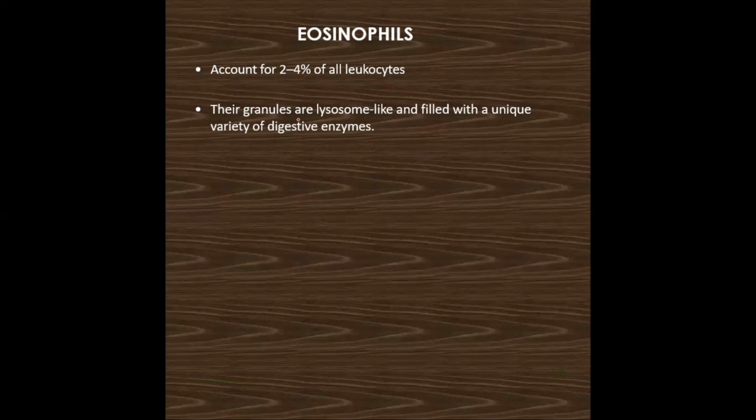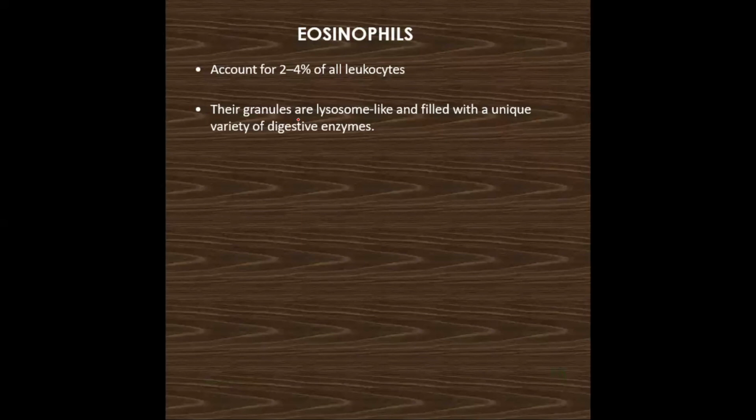These cells are responsible for fighting infections, especially parasites of vertebrates, and for controlling mechanisms associated with allergy and asthma. Eosinophil cells are small granulocytes which are produced in the bone marrow and make up just 2 to 3% of whole white blood cells, as we have already seen in this slide.